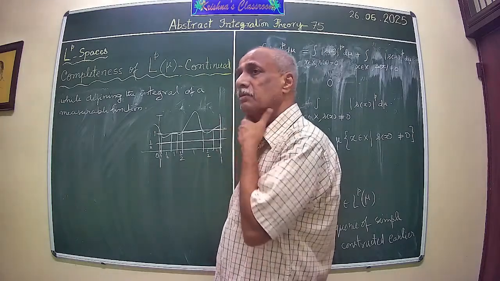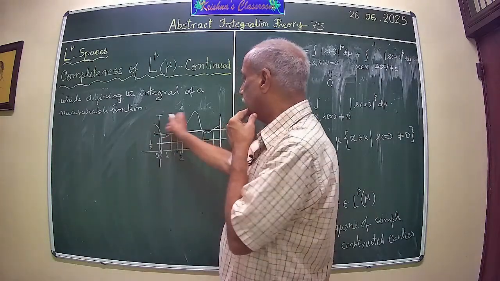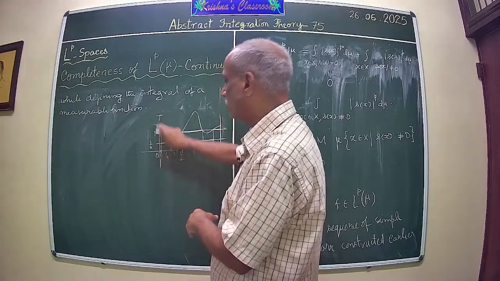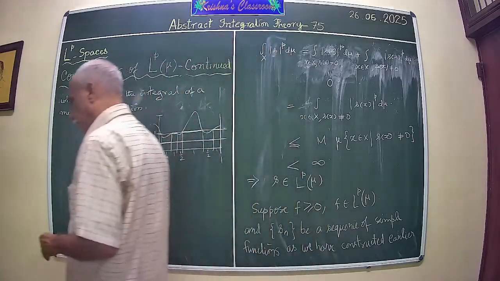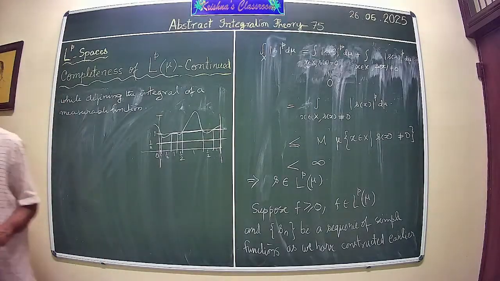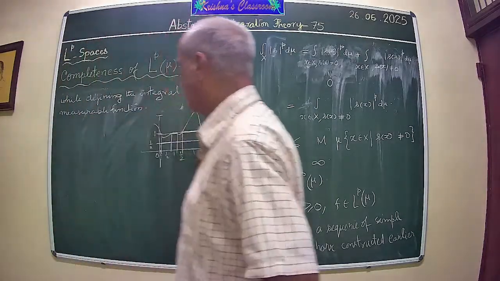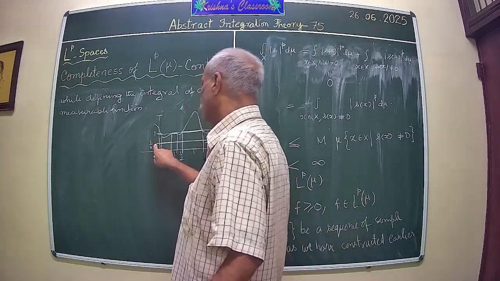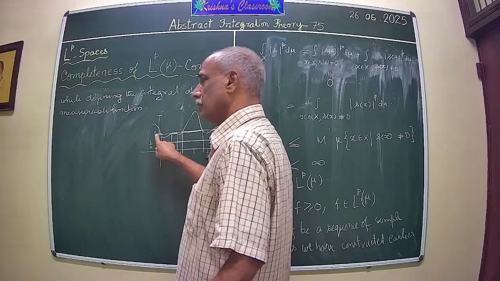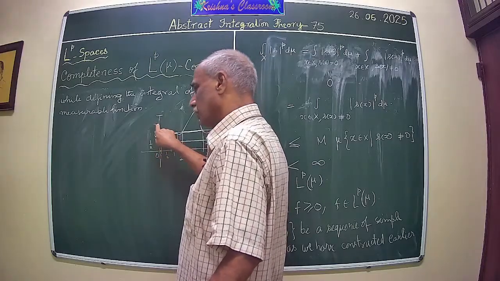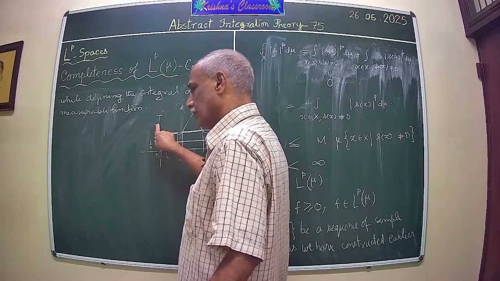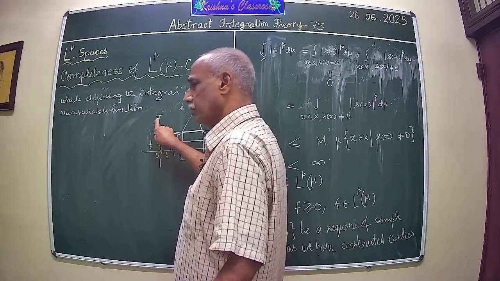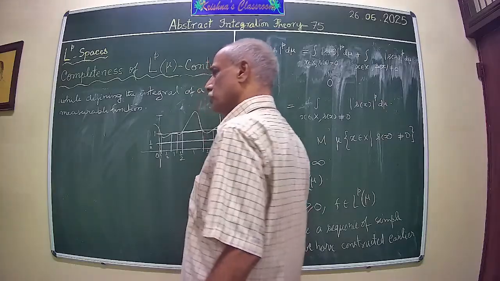Take the bound as 2, and partition from 0 to 2 into steps of 1 by 2 squared. We get 1 by 4, 1 by 2, 3 by 4, 1, 5 by 4, and then 3 by 2, and then 7 by 4, and then of course 2.